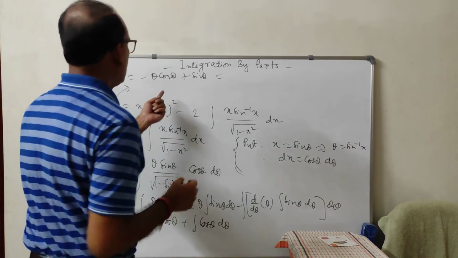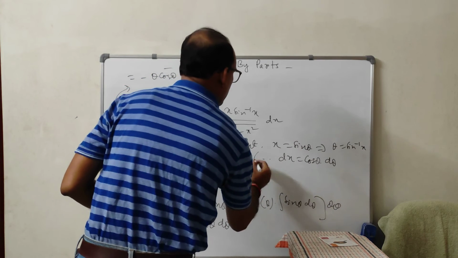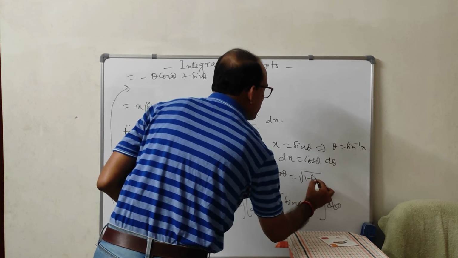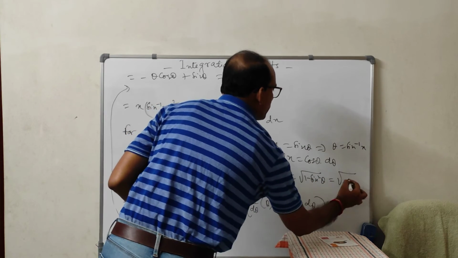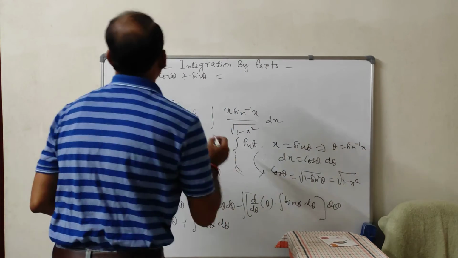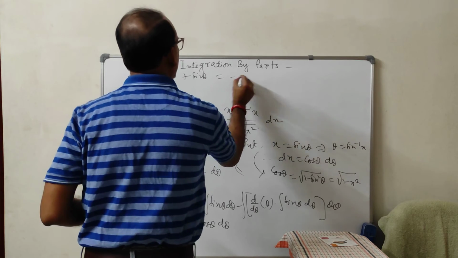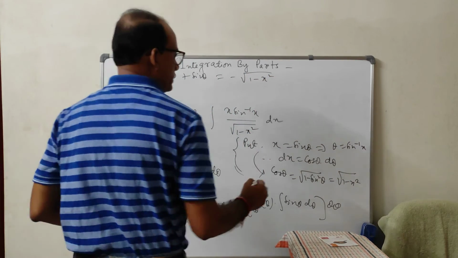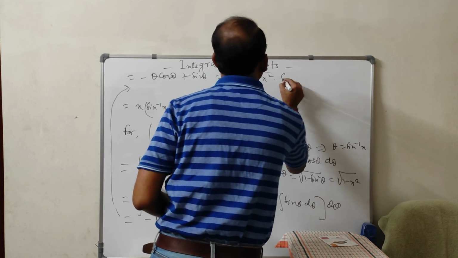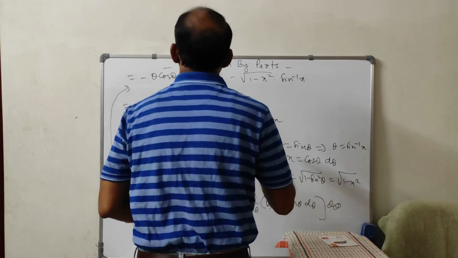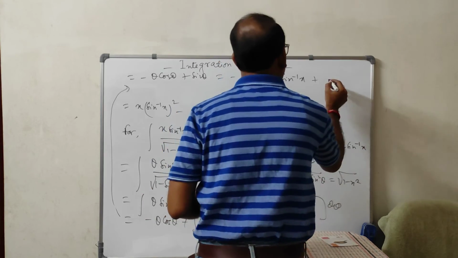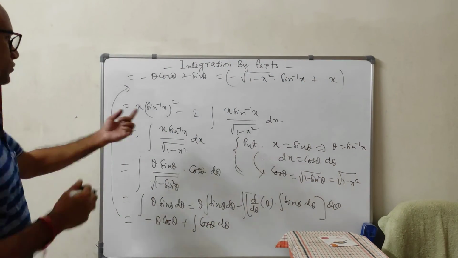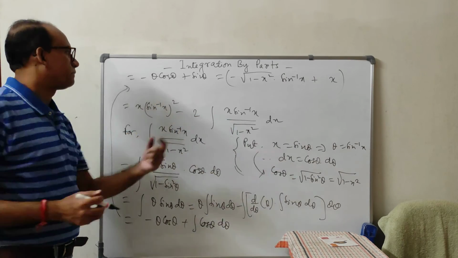Equals to, what is theta? Theta is sin inverse x, and cos theta is nothing but root over of 1 minus sin square theta. It is root over of 1 minus x square. So minus root over of 1 minus x square, and theta is sin inverse x, plus sin theta is x. So just put all this whole thing into this line here.